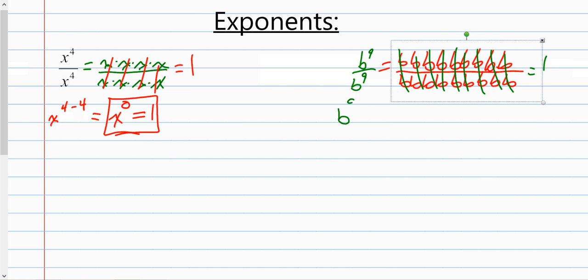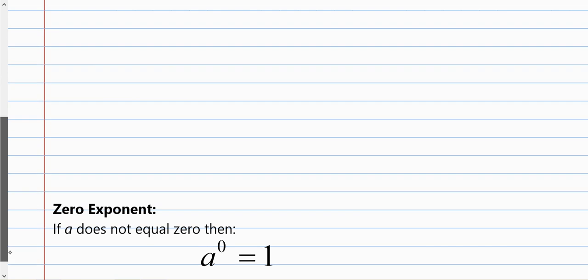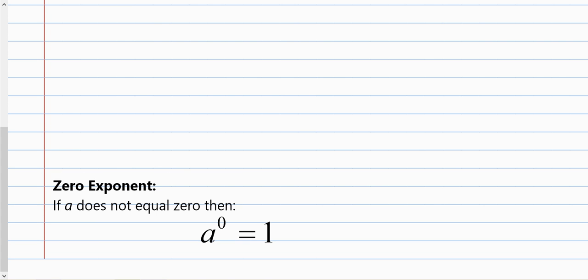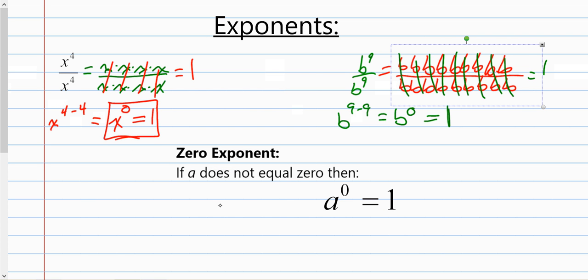This was b to the 9 minus 9 is b to the 0, which we just said has to equal 1. We have just come up with the absolute best exponent rule. And I just made it fly away. As long as a doesn't equal 0. Which, we're in Math 95, I'm not going to throw that at you. Anything to the 0 power automatically equals 1.